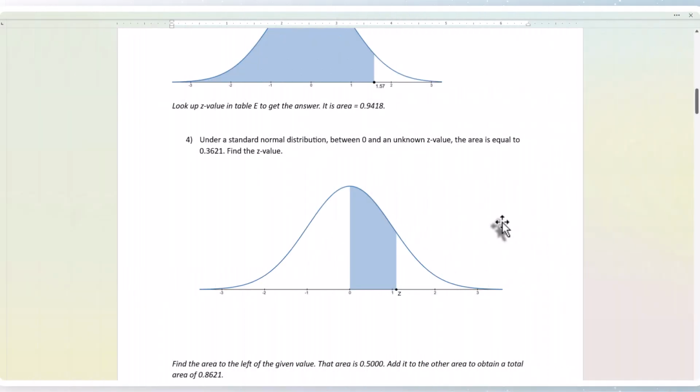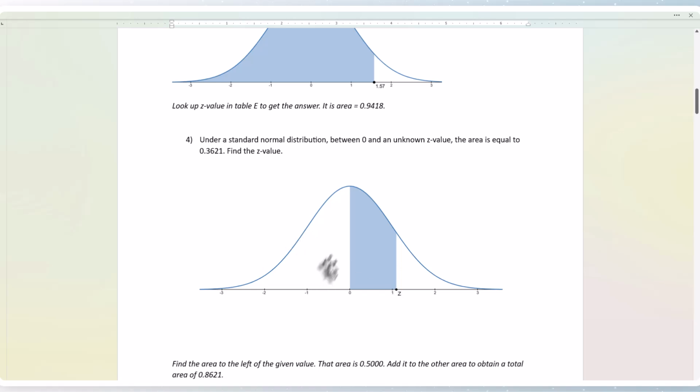0.9418. So for problem 4, they give us the area between 0 and some unknown z value. That area is 0.3621. We have to find the missing z value. Now, the way that the table is structured, we need the entire area to the left of z.